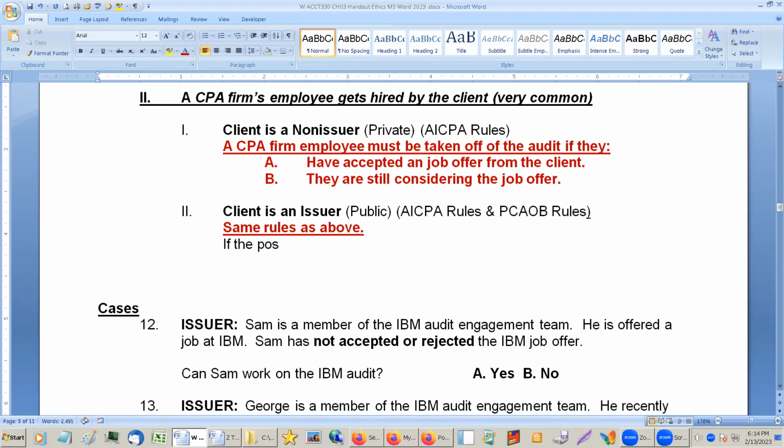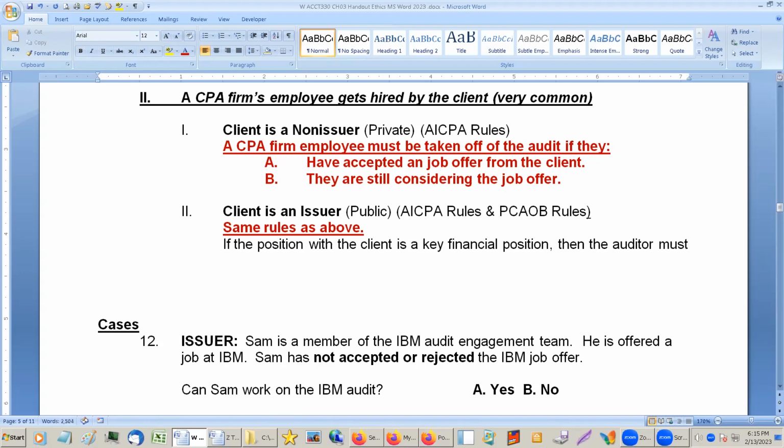If the position with the client is a key financial position, the auditor must be off the audit for an entire audit cycle. We'll talk about that in a second.